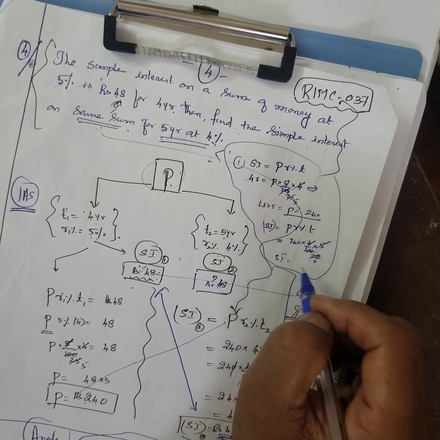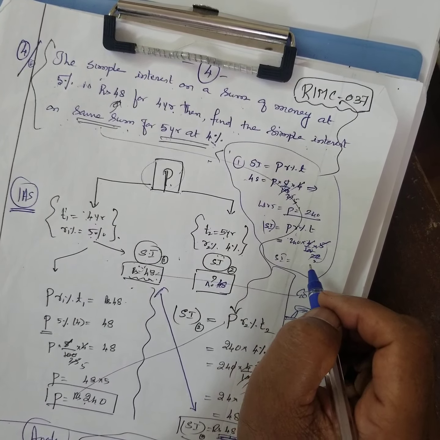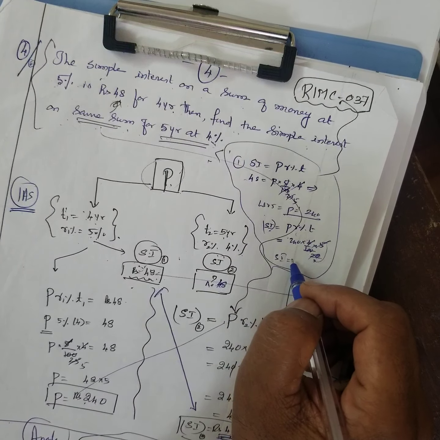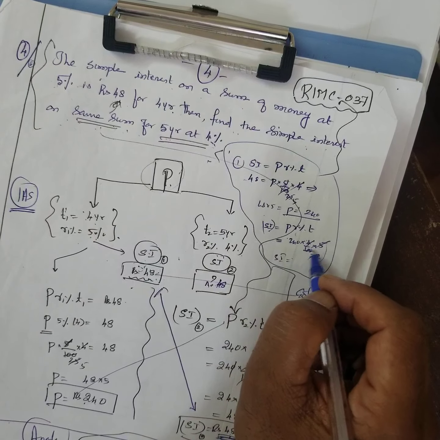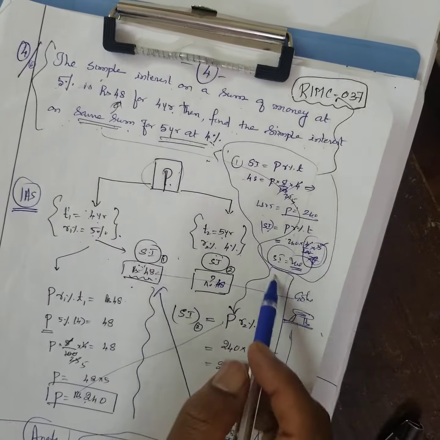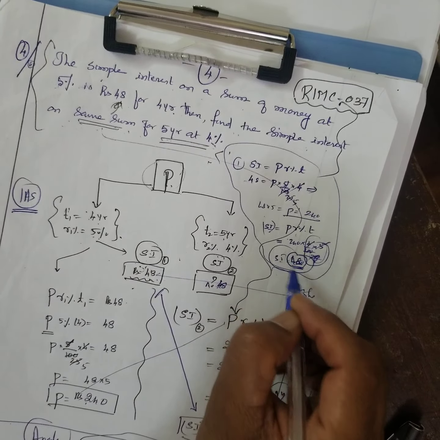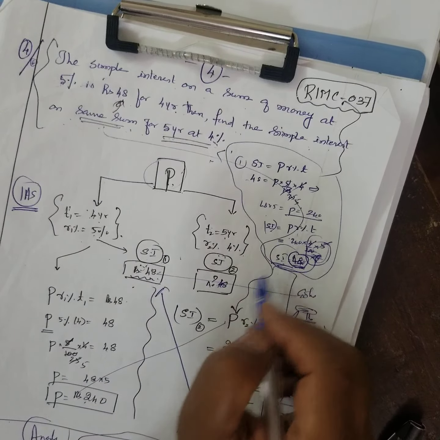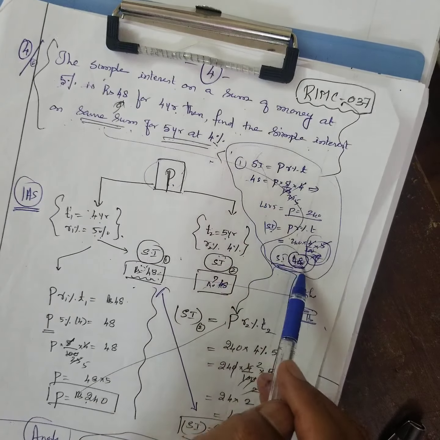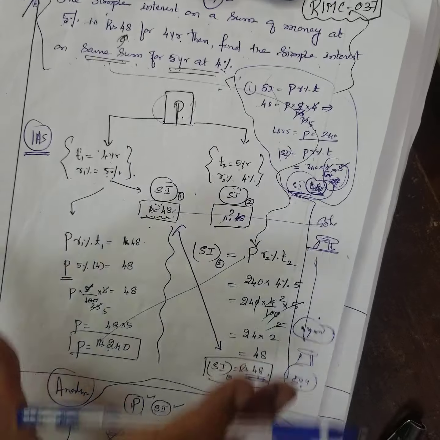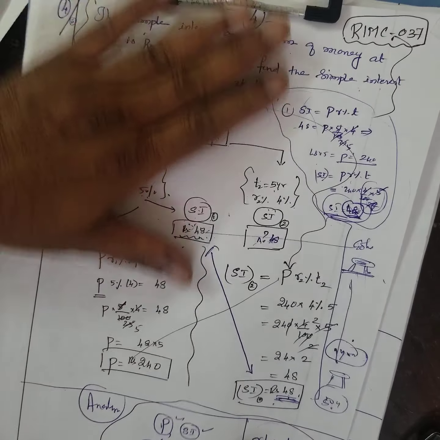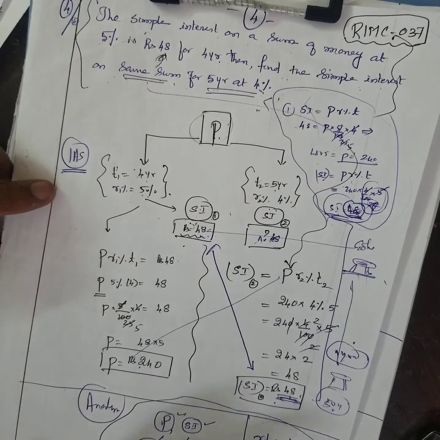Simple interest is equal to 240 into 4 into 5 by 100. Everything cancels, you get 48. So in short, in such a small space you can calculate. But this is called analysis. Therefore, go through this. On a plain sheet, sit and do this particular sum again.